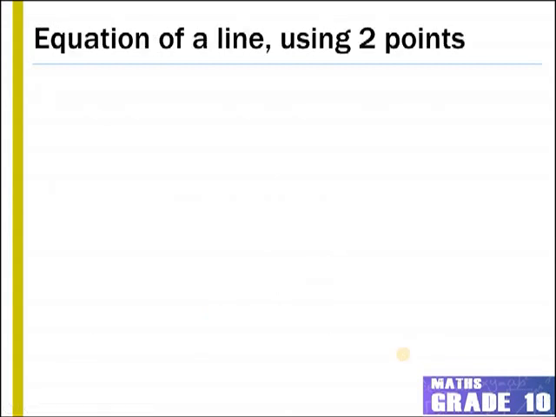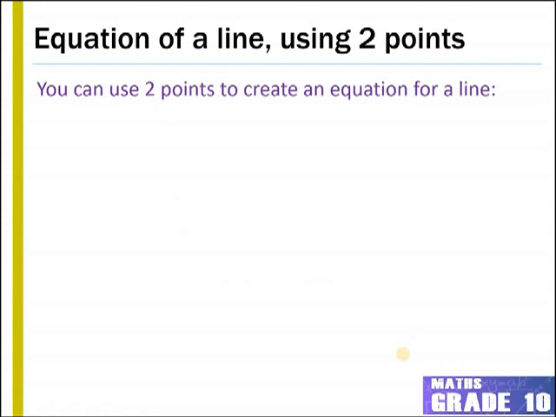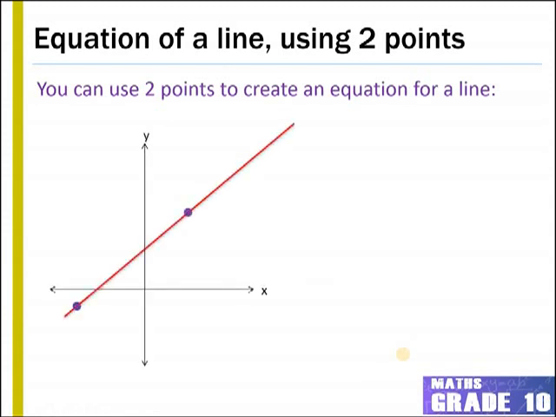Equation of a line using 2 points. You can use 2 points to create an equation for a line. Here are 2 points on a line. Let's call them A, (x1, y1), and B, (x2, y2). Here's a general point on the line, C, which is (x, y). So this point could be anywhere along the line.